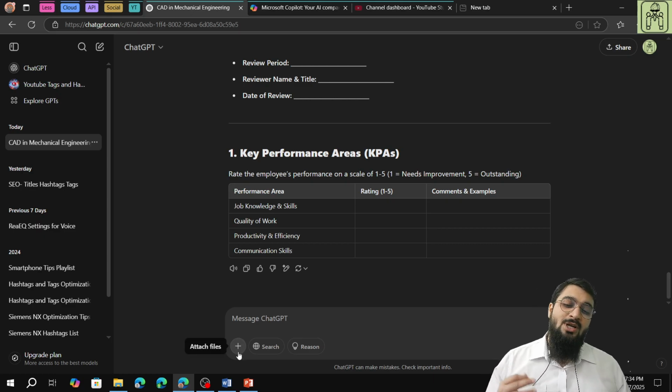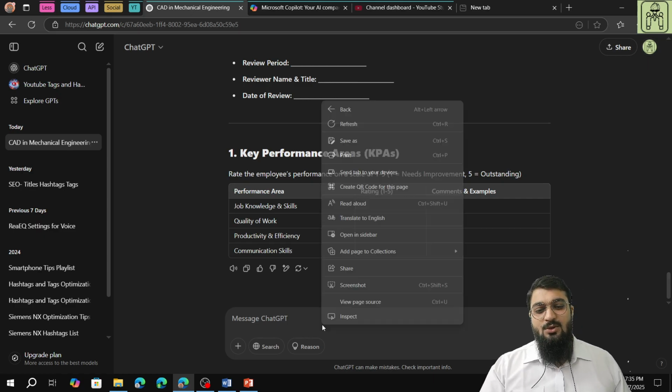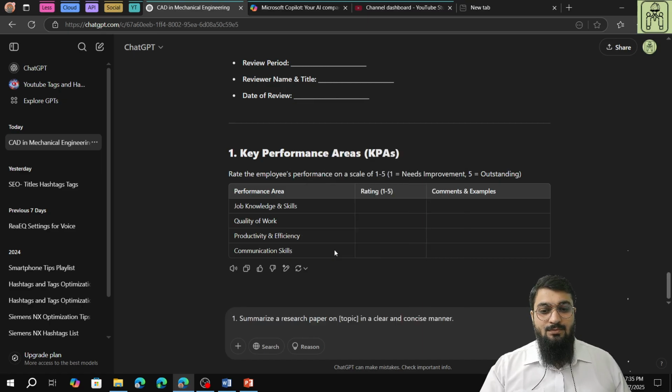But if you are uploading a file, then you will get 3 or 4 maximum usages. After that, you will see that your free version has ended. Just log out and log in from any other Gmail account. So I will paste it over here, paste as plain text, and on a topic.